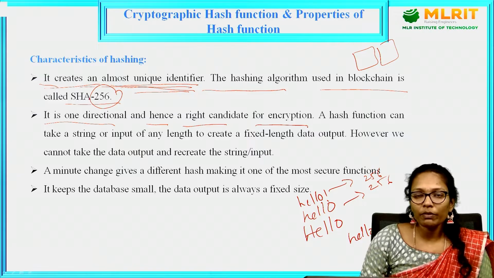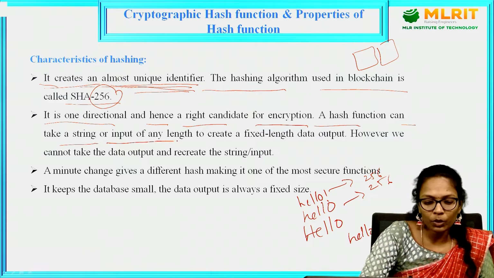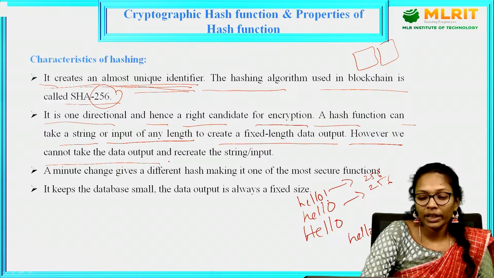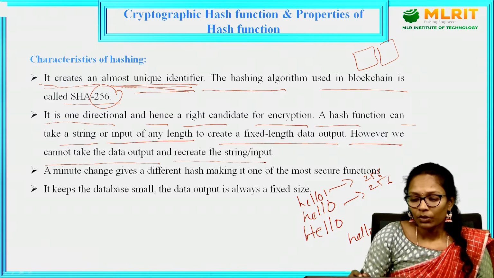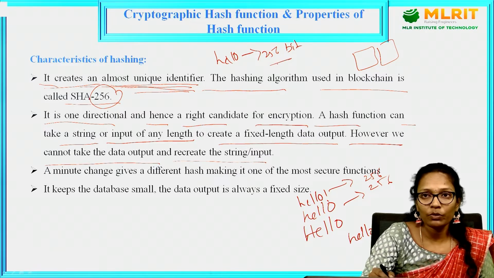So what do we mean by one directional? A hash function can take a string or input of any length to create a fixed length data output, that we know. However, we cannot take the data output and recreate the string back. For example, for hello, a 256 bit hash value will be generated.